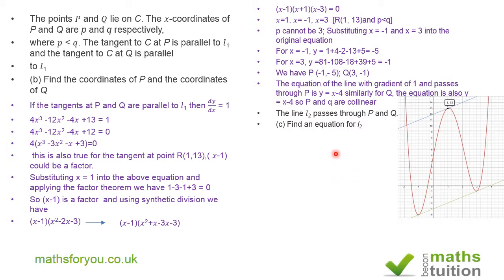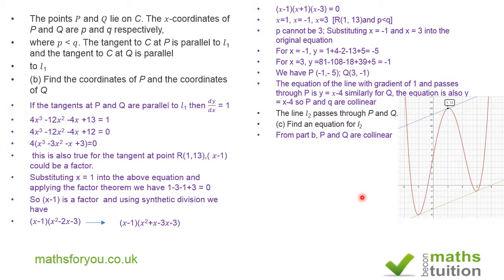Part C said the line L2 passes through P and Q, find an equation for L2. Now, clearly L2 has to be y is equal to x minus 4, as we found out from this discussion here. From part B, P and Q are collinear.